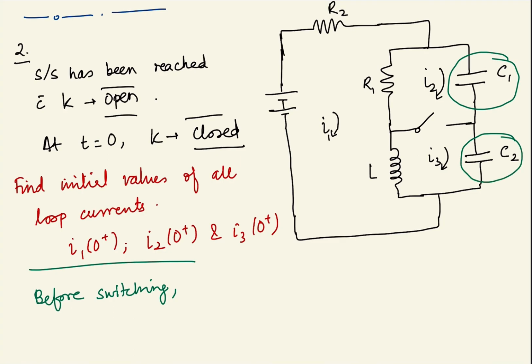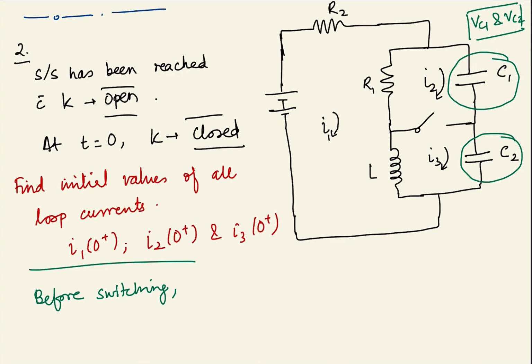There will be some voltage VC1 and VC2 on these two capacitors, right? And this line will behave as an open circuit because there will be some voltage on the capacitor. So no current will flow through C1 and C2 before switching.